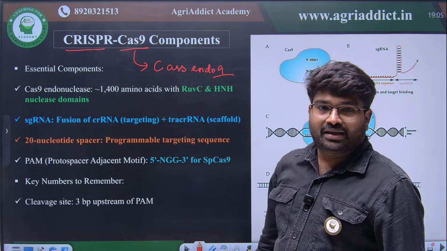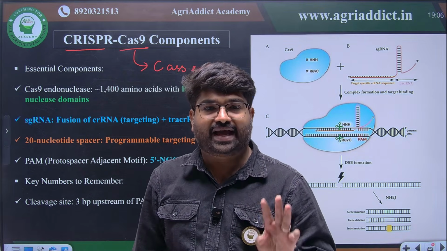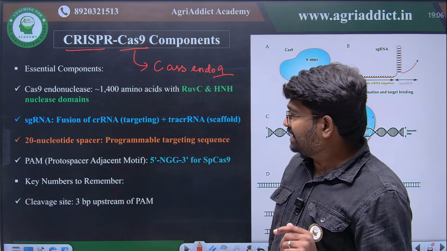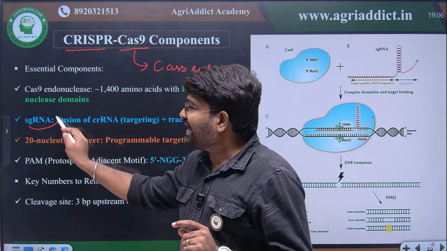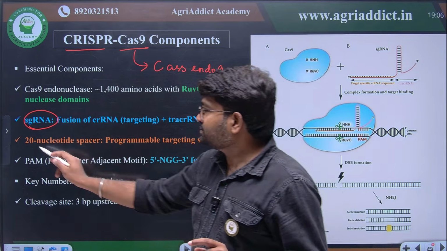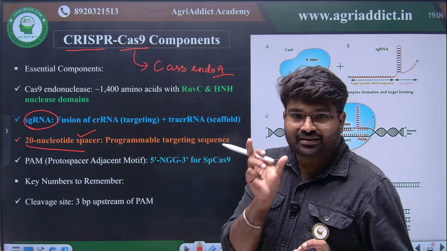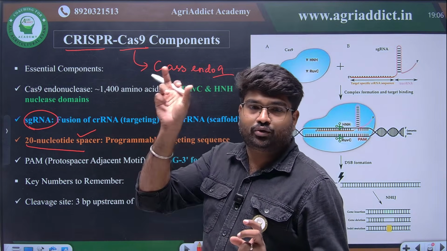There are three major components in CRISPR-Cas genome editing. First and most important, there should be a guide RNA of around 20 nucleotides in length. This will be complementary to the gene of interest.